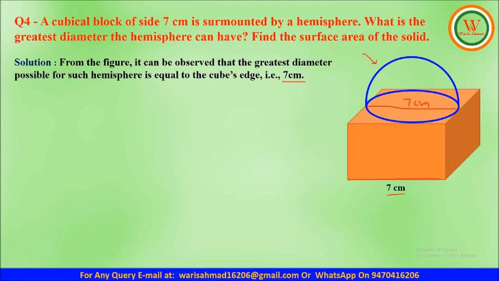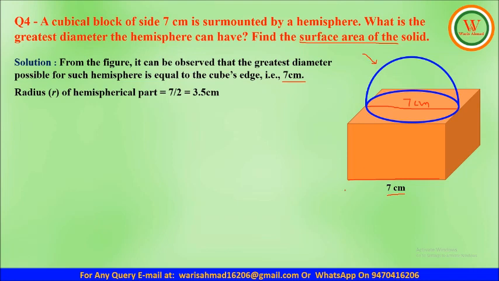So since the diameter is equal to 7 centimeter, hence the radius will be equal to diameter upon 2, or we can write 3.5 centimeter. After that, we have to find the surface area of this solid. To find the surface area of this solid, we have to find the total surface area of this cubical block.